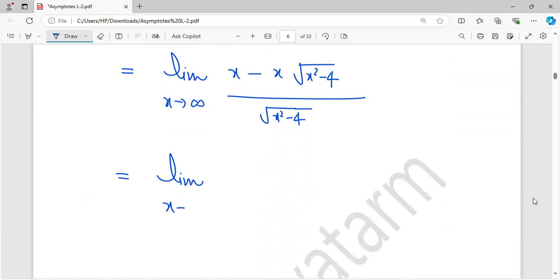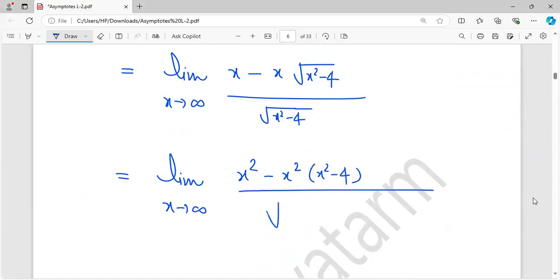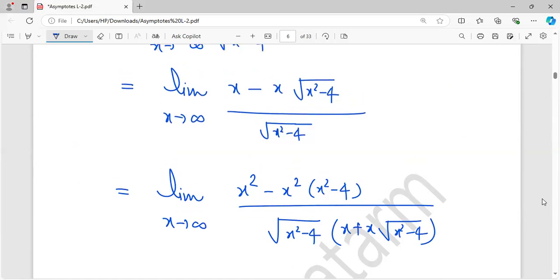Limit x tends to infinity of x² − (x² − 4) upon x plus under root x² − 4.